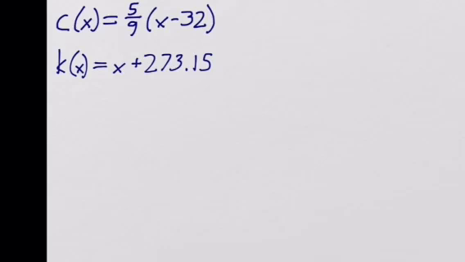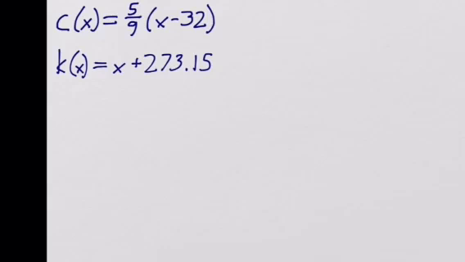Well, now we want to convert a temperature in Fahrenheit to Kelvin. That's something an atmospheric scientist might be interested in, because so often we see weather reports in Fahrenheit, but a lot of the meteorological formulas require a temperature in Kelvin.